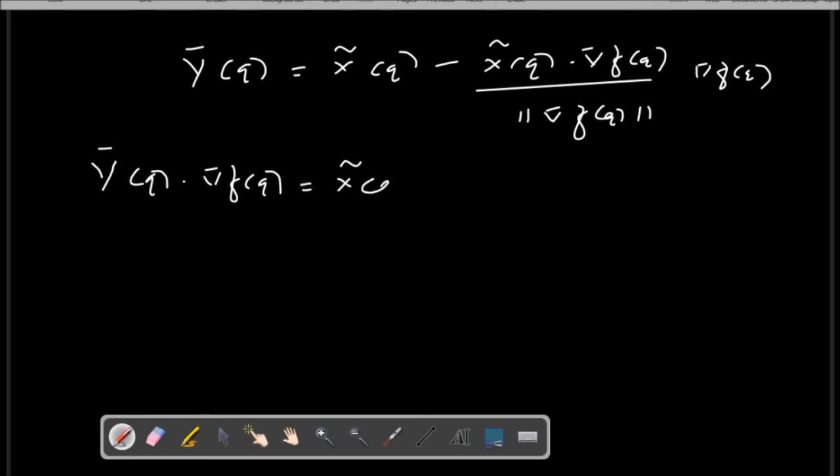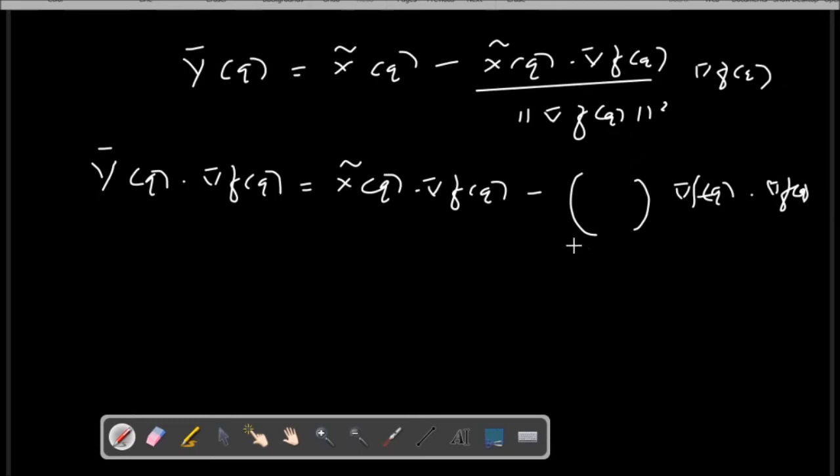Here x tilde of q dot del f of q will come, minus this whole thing will be here as such. Then del f of q dot del f of q, the dot product will be distributive. So here del f of q dot del f of q will give norm del f of q squared. So these two terms will get cancelled. Then you will get x tilde dot del f only here. It will come as norm del f squared, so these two get cancelled, only this comes. These two are one and the same. So this is equal to 0.